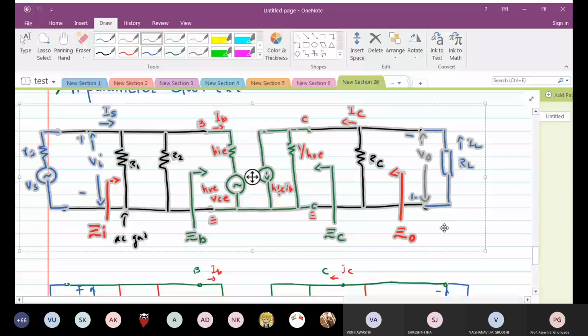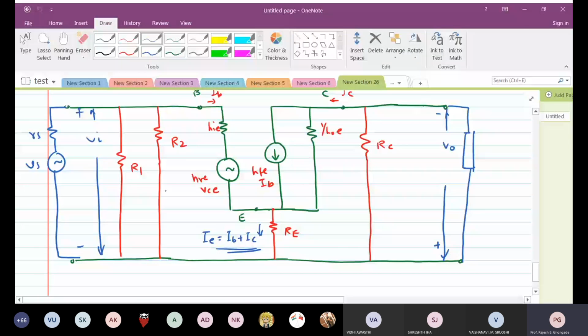See, where is my input impedance now? Between which terminals? If I mark it again here, the device input impedance will be ZI, this will be ZB, this will be ZC and this will be ZO.